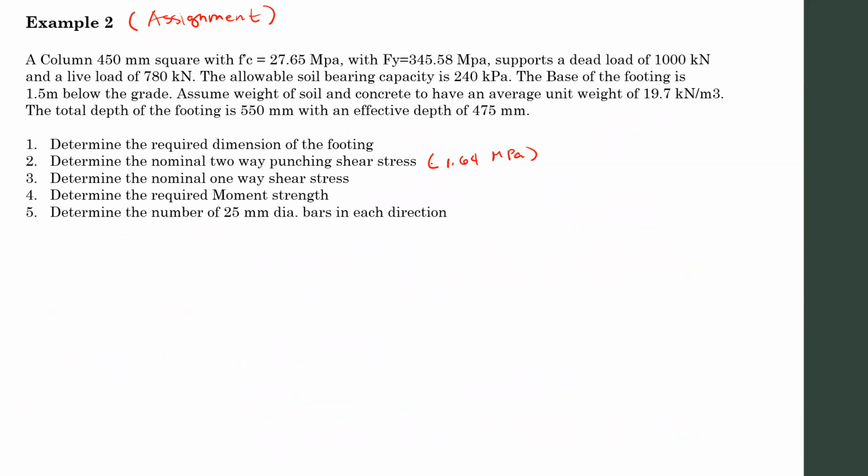Nominal one way, that is 0.6 MPa. So required moment is 705.3 kilonewton meter. And your required number is 11 bars. Okay. So, ayan. Do you have questions?